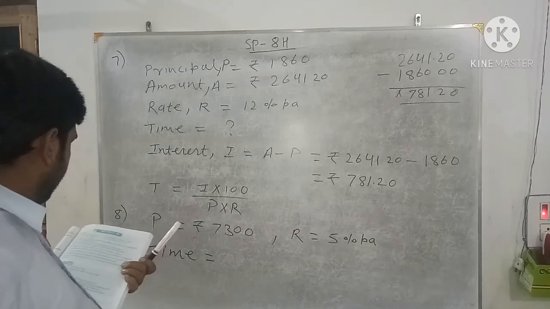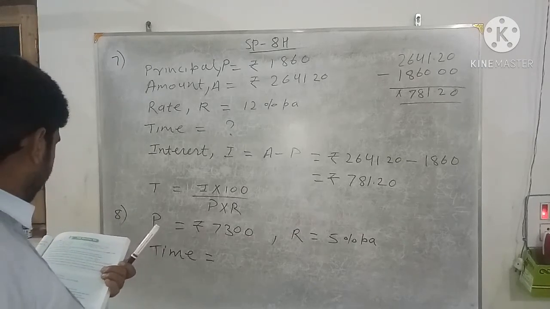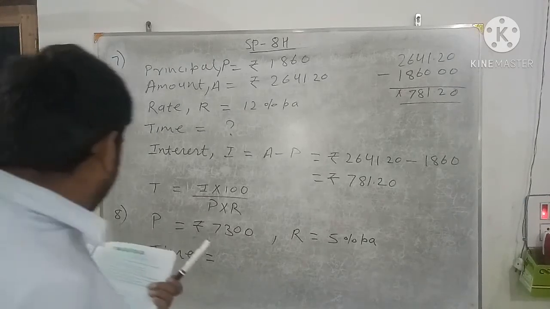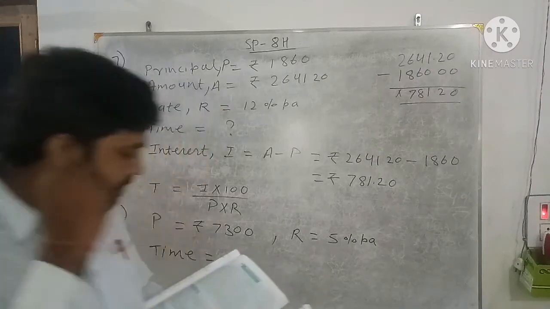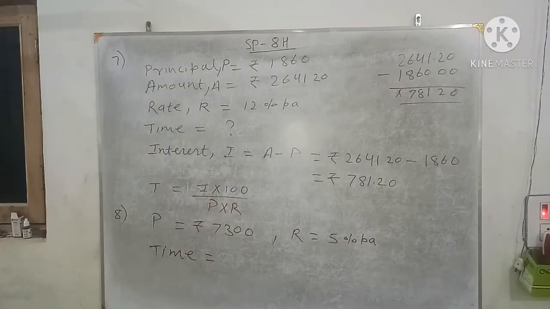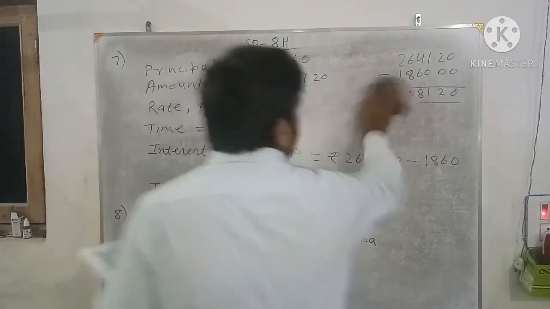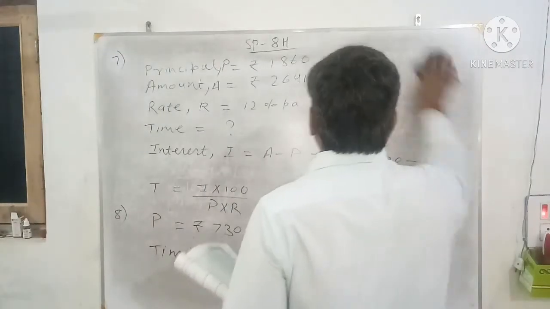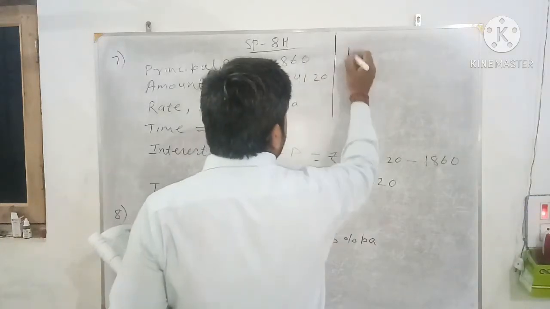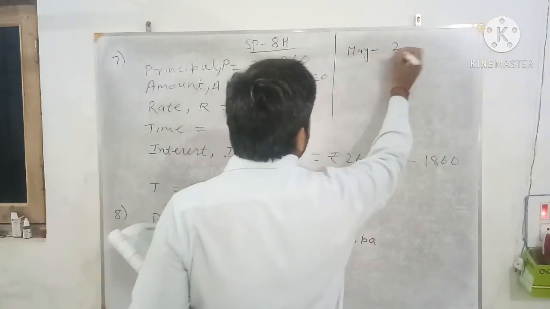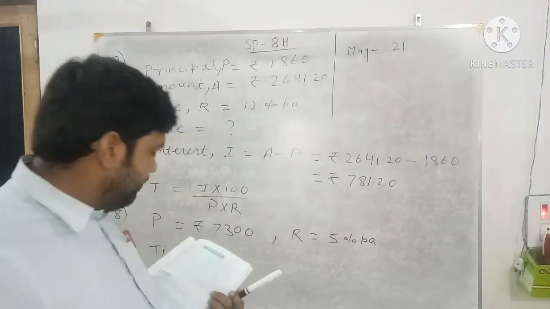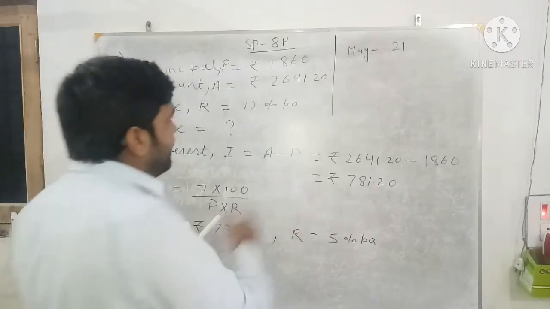In the month of May there are 21 days, because you took the money on 10th May and May has 31 days. So 31 minus 10 gives you 21 days.